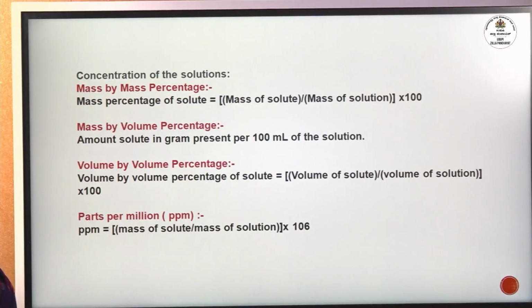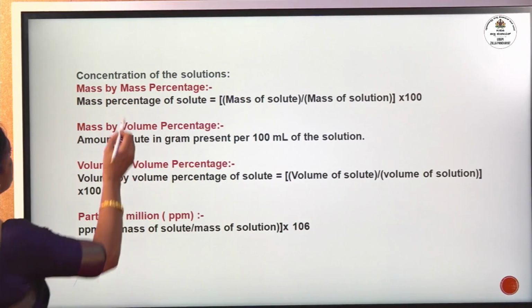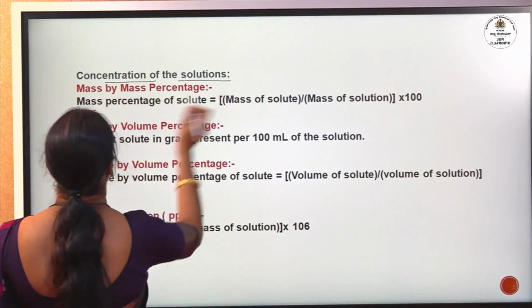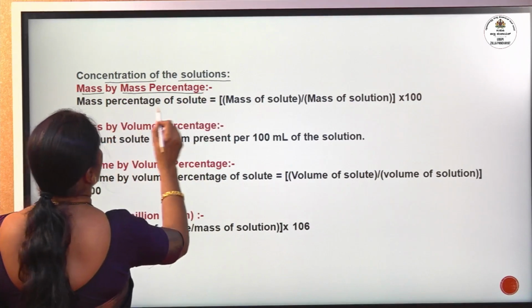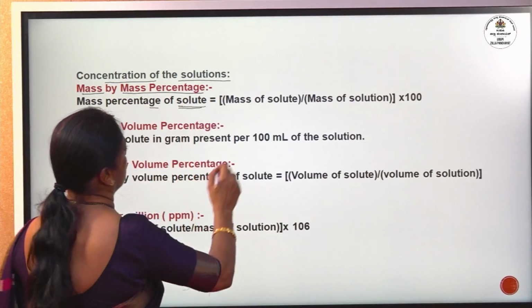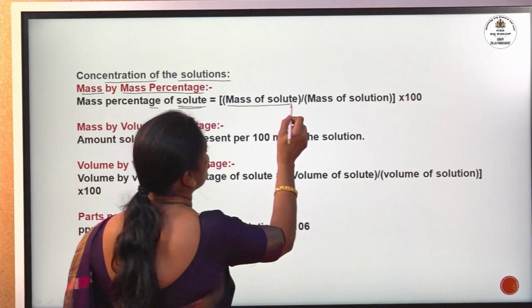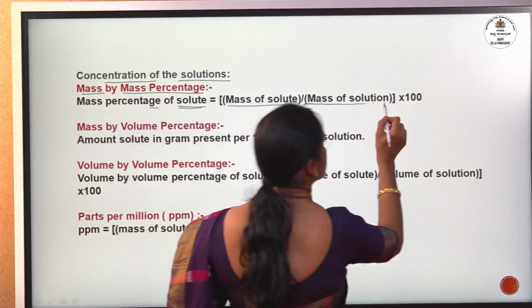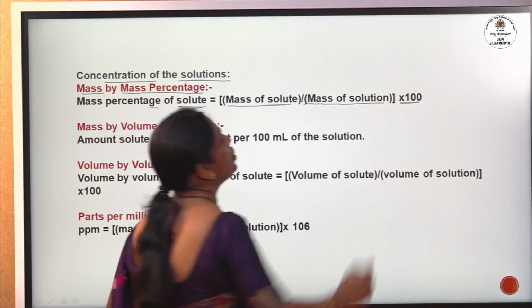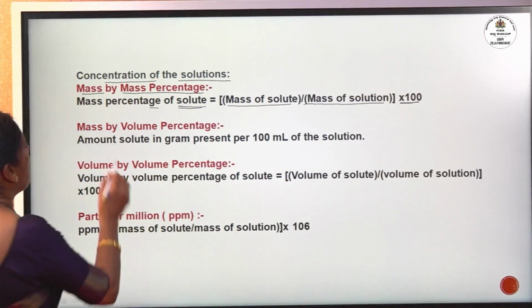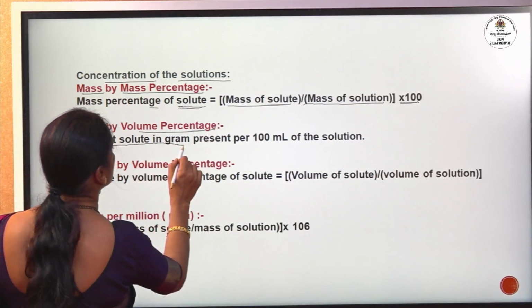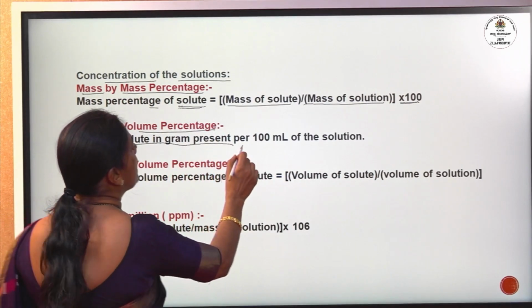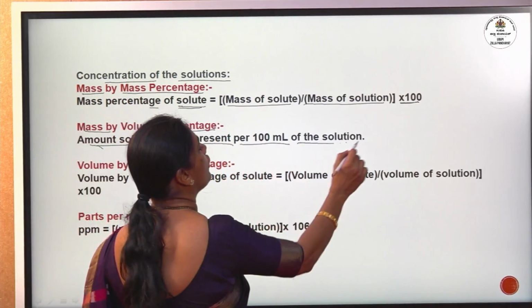Next, we will see some of the concentration terms of the solution. Mass by mass percentage: mass percentage of the solute is mass of the solute by mass of the solution into 100. Mass by volume percentage is the amount of the solute in gram present per 100 ml of the solution.